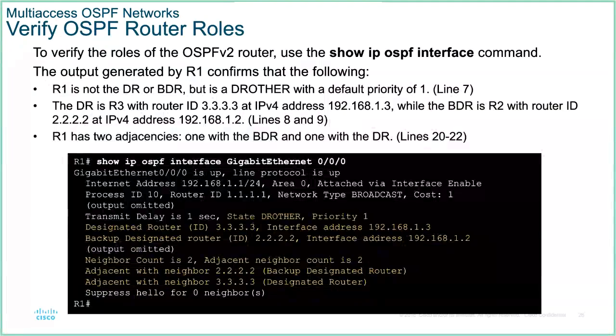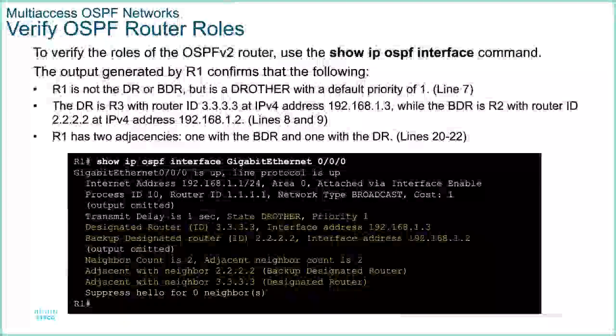Now in the example, we're looking at router 1. So we have 2 adjacencies with routers 2 and 3, which happen to be our DR and BDR.